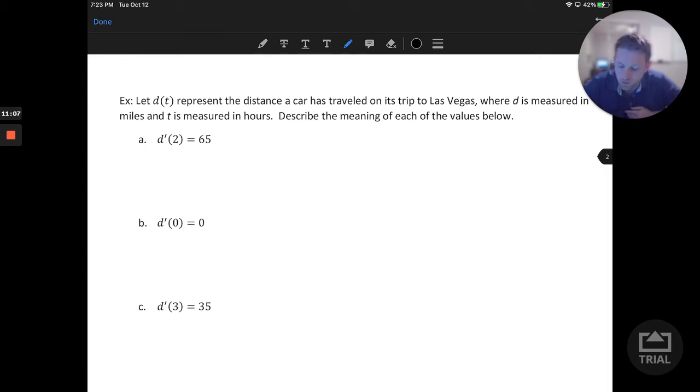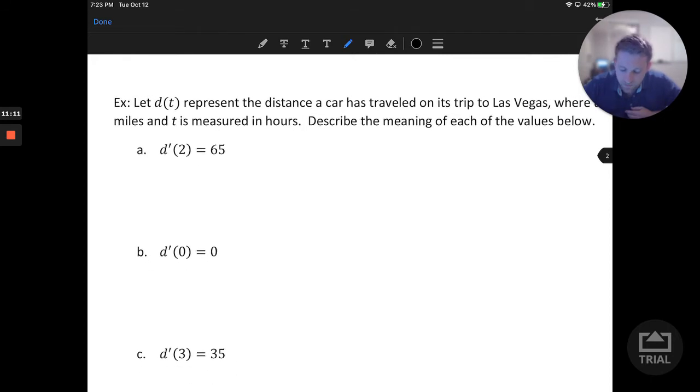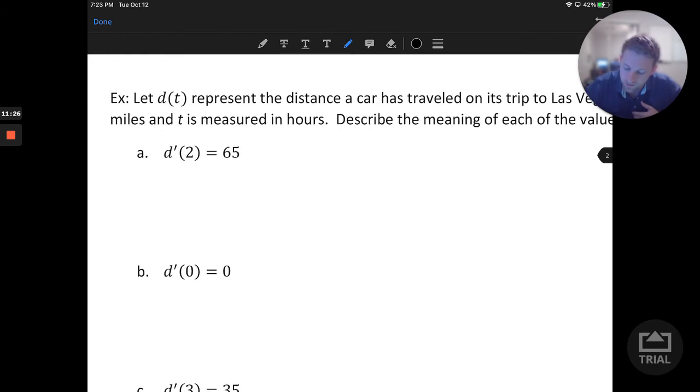If d, the function, is measuring distance, that would mean that d prime in general is going to be evaluating our speed, or instantaneous rate of change, at some time. So the input for my derivative is still going to be a time measurement, t, and our output has to be a speed.